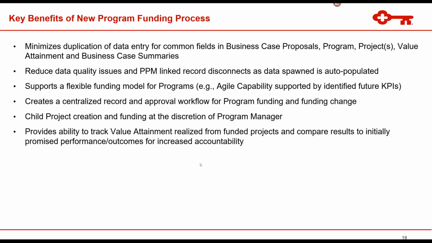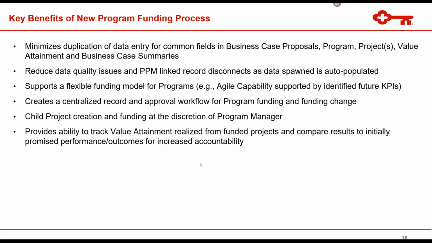We ask for a lot of data for our stakeholders. So it really was a lot of duplicate data entry that we were able to get rid of because of the spawning process. And we reduced data quality issues resulting from manual data entry, as well as the manual linkage. So they really are kind of like symbiotic with one another.